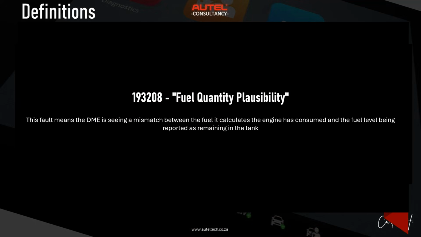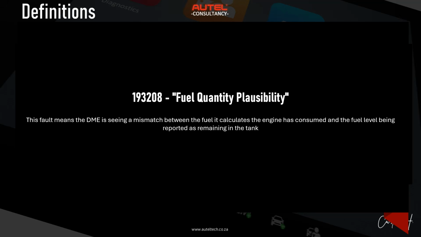Let's jump into some definitions. The error code is 19328, fuel quality plausibility. This fault means the DME is seeing a mismatch between the fuel it calculates the engine has consumed and the fuel level being reported as remaining in the tank. In plain English, guys, the DME is doing the math.